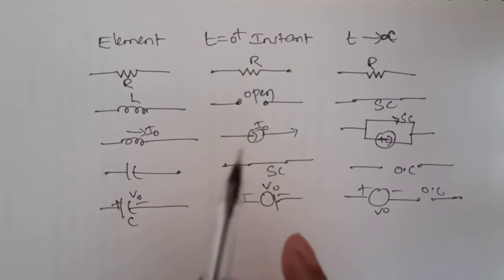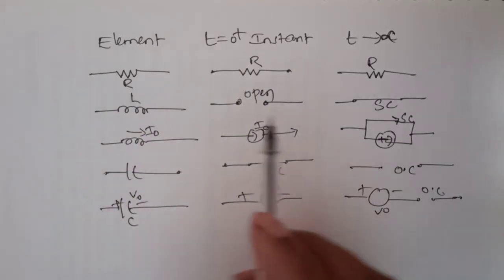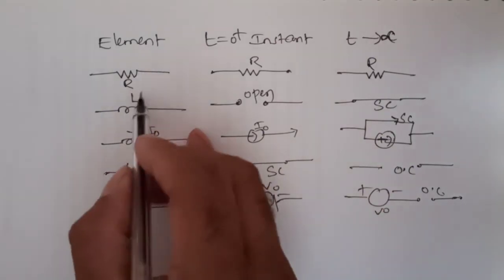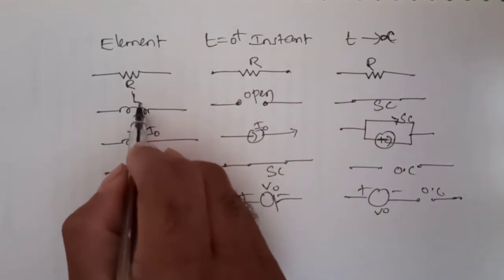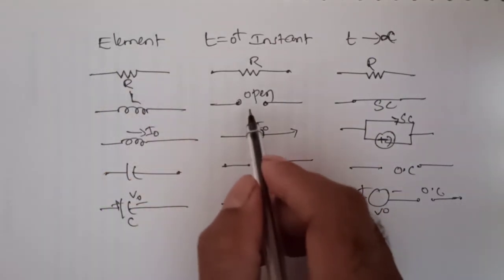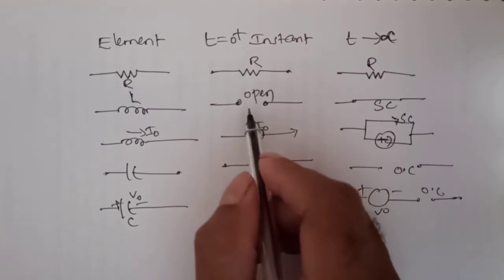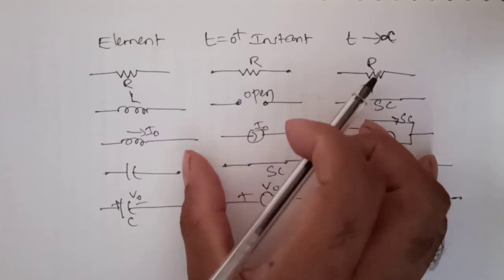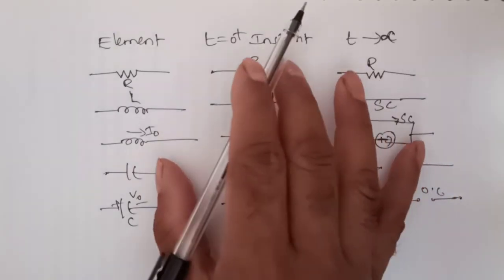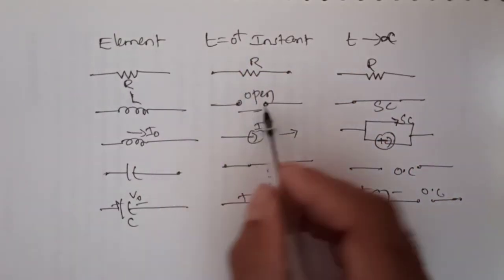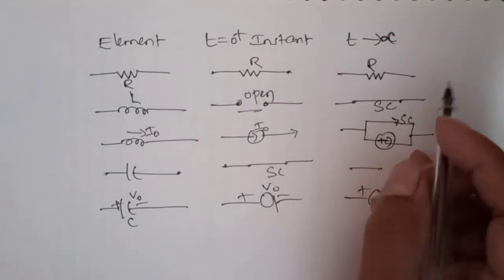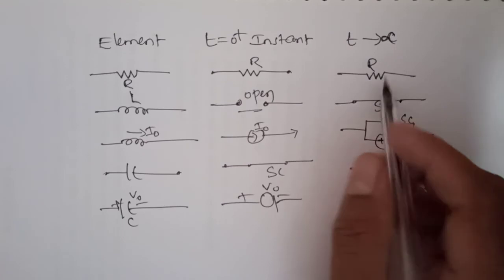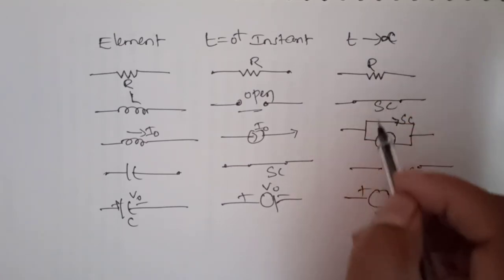The thing we have to remember, if you want to solve steady state and transient analysis, is a very important concept. If the circuit has an inductor, which never allows sudden changes in the current, the inductor acts as an open circuit at t equal to 0 plus instant. If the circuit is operating for a long time, the inductor acts as a short circuit.